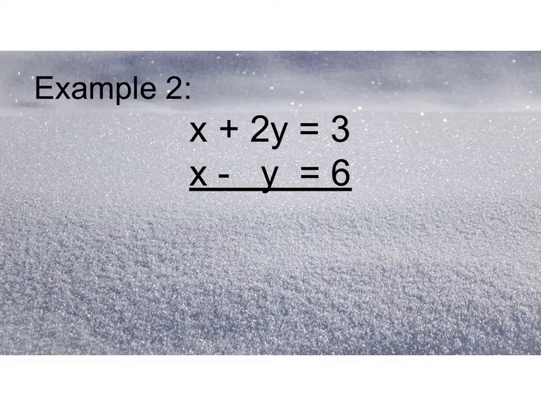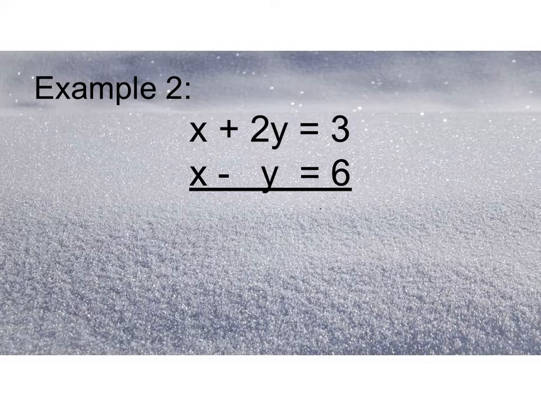In order to be able to use the elimination method here, we are either going to have to, one, multiply this whole equation by 2 so that we can eliminate the y's here. That's one option.